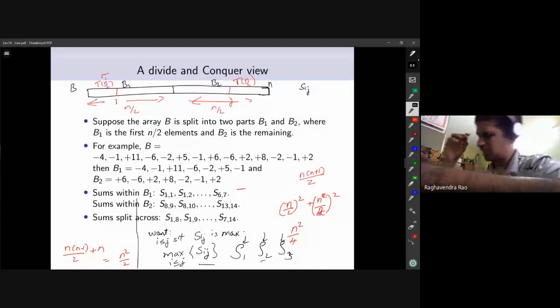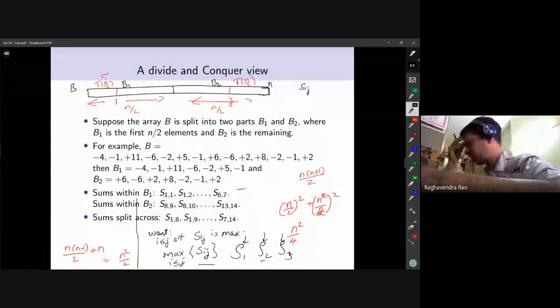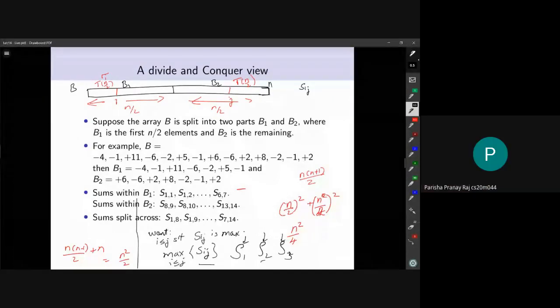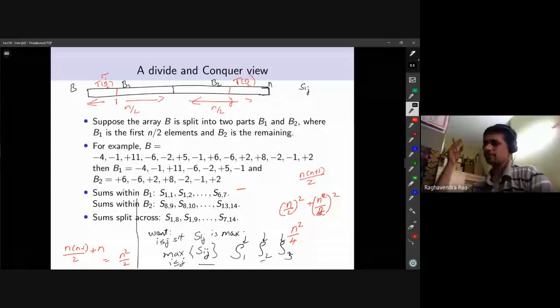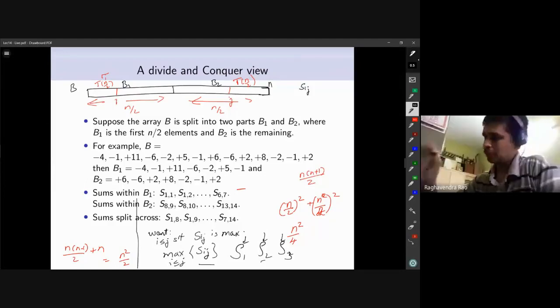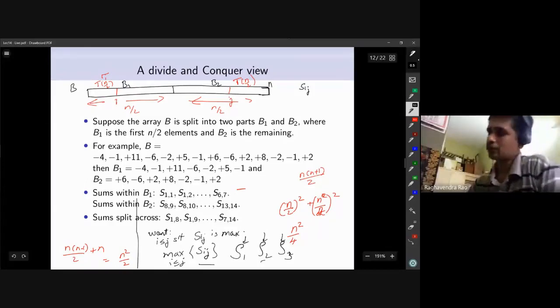Your S7,7, will it contain 7,7 involves 8, right? Yeah, so this 7,7 is I think a problem. I'm not understanding the notation here, since you said Sij represents selling on the j plus 1th day and buying on the ith day. That is okay. I've just reduced it to the maximum sum subarray.